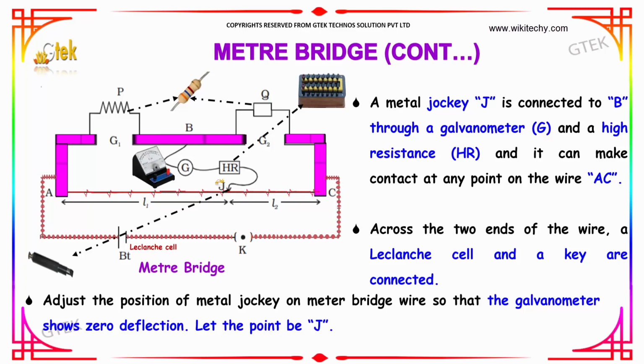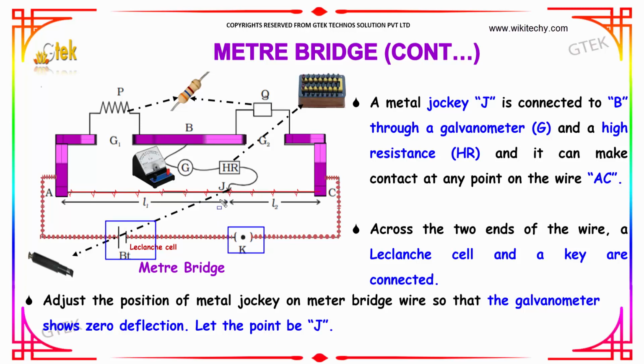A metal jockey J is connected to the bridge B through a galvanometer G and a high resistance HR, and it can make contact at any point in the wire AC. Across the two ends of the wire, a Leclanché cell and a key are connected.